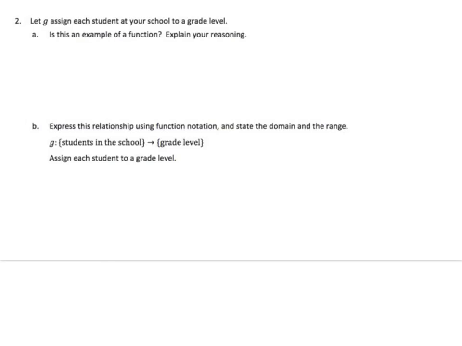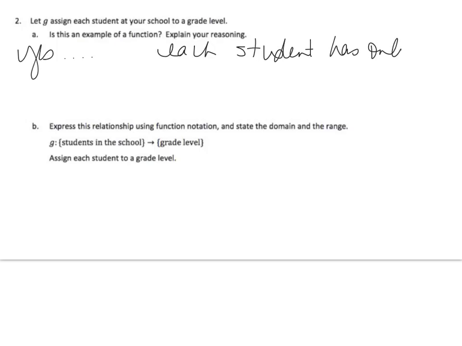Let G assign each student at your school to a grade level. Is this an example of some function notation? Yep. So each student has only one grade level. No one student's going to be in two different grades.